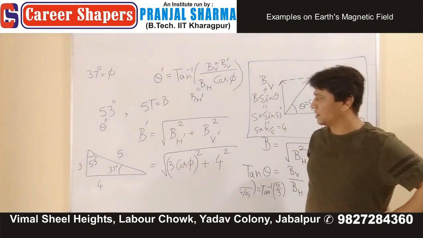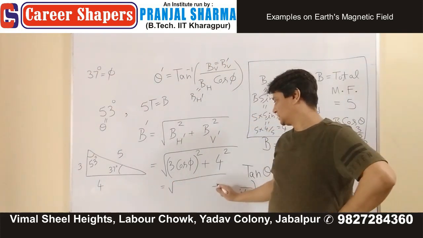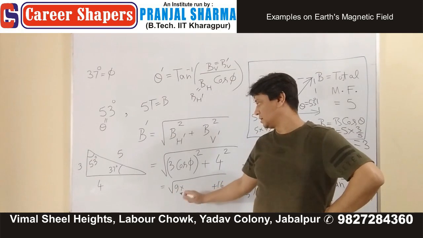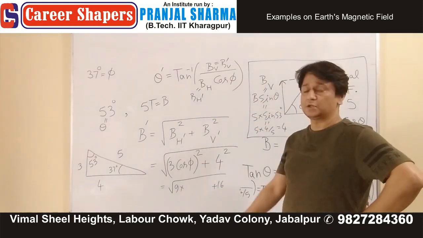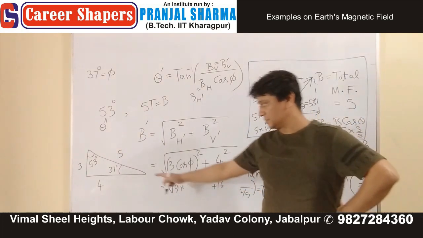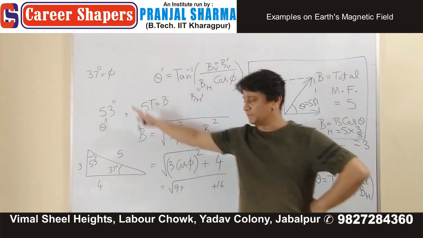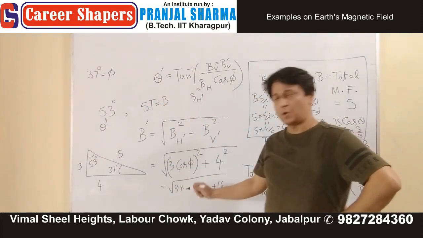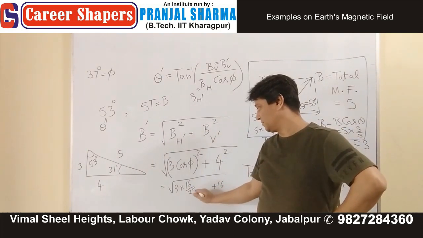BH dash is 3 cos phi. 16 plus 9 cos squared phi. What is phi? 37. What is cos 37? 4 by 5. Cos 37 is coming from this 4 by 5. Square, 16 by 25.